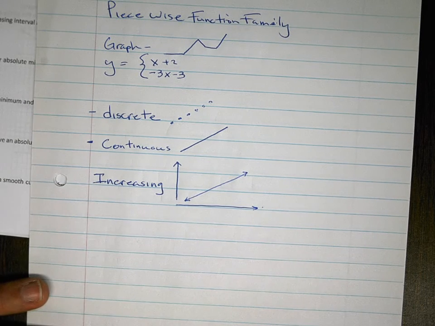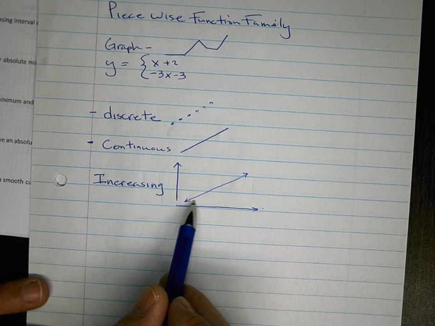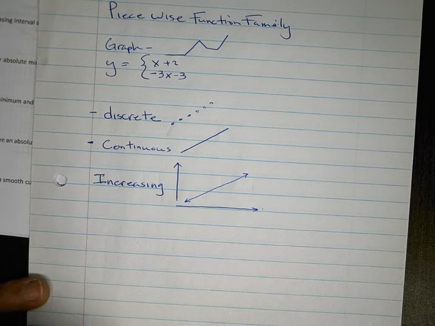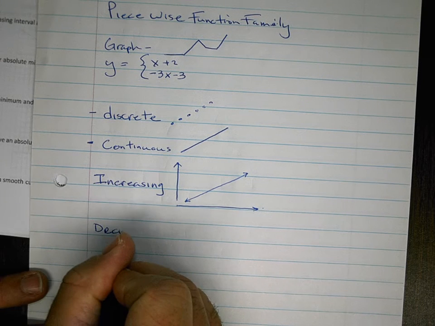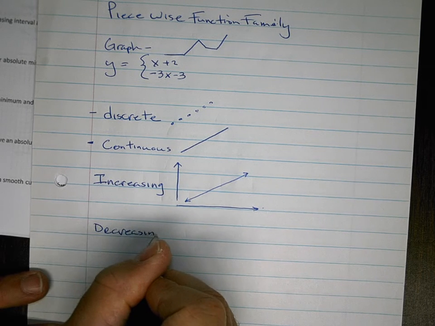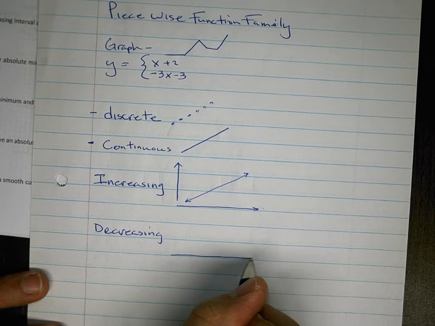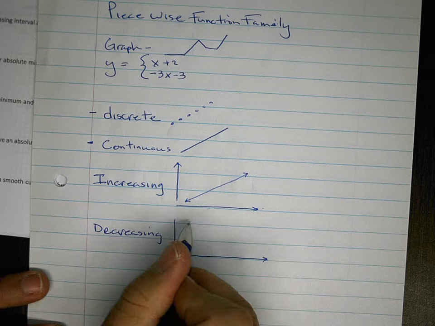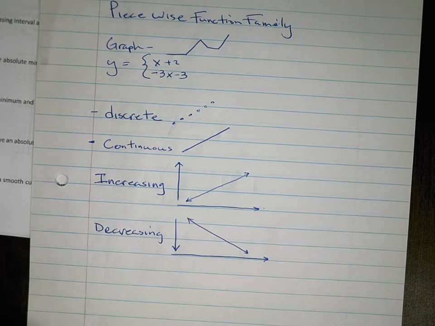As we move across from left to right, we're going up. And decreasing would mean just the opposite of that. As x is getting larger, y is getting smaller, isn't it? So that's an example of a decreasing graph.